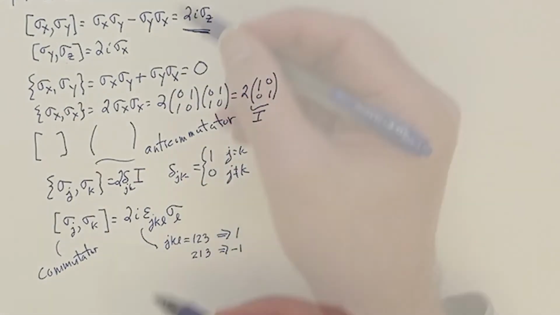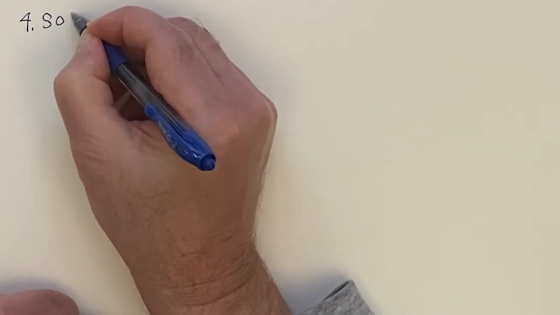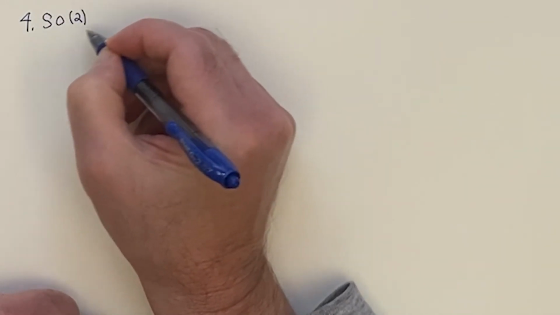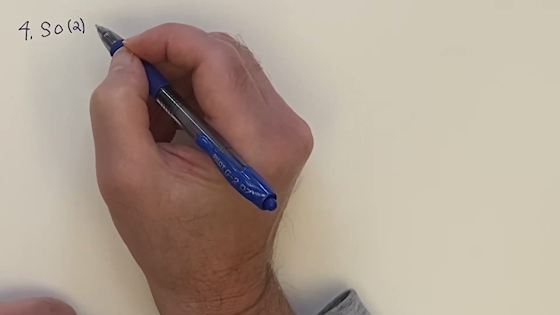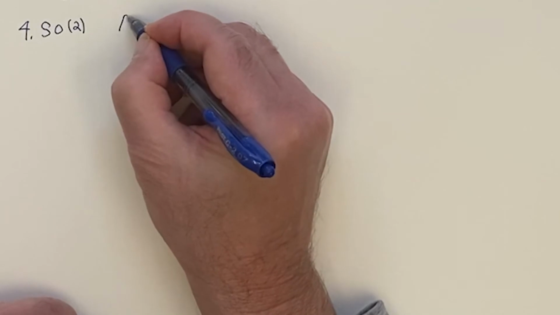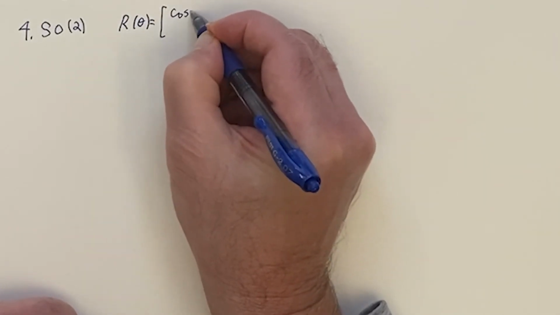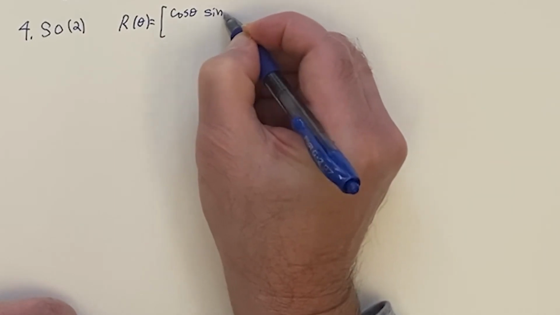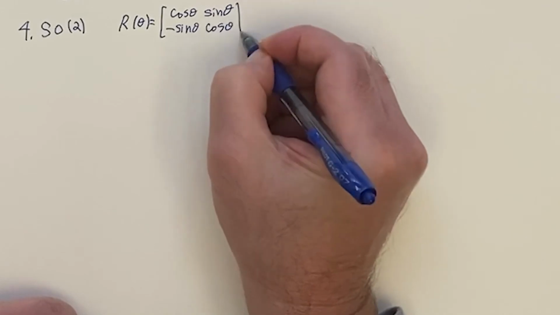Okay, let's go on here to 4, SO(2). I'd like to introduce this one because this is our friend, the rotation matrix that we already have studied. In other words, when you look at this and have the cosine of theta, the sine of theta, minus the sine of theta and the cosine of theta.